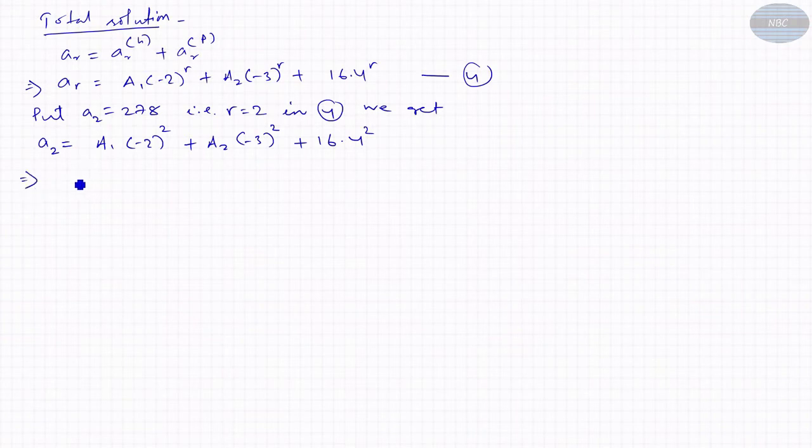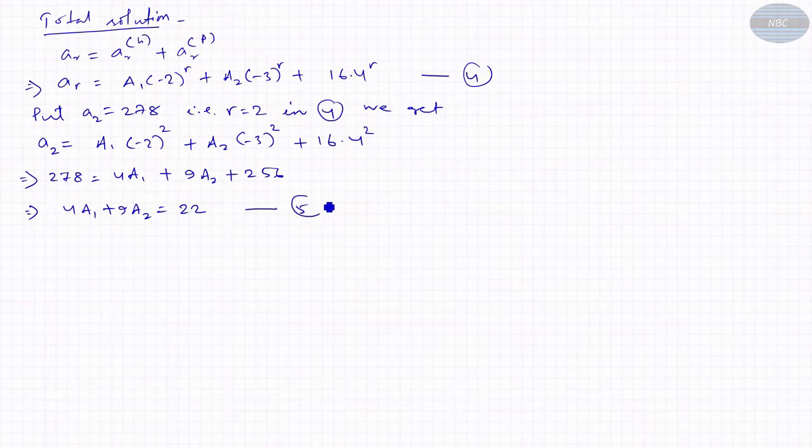This implies we have A2 is equal to 278, so minus 2 square is equal to 4 A1 plus this one is 9 A2 plus this one is 256, 16 into 16 is 256. Okay, so it can be written as 4A1 plus 9A2 is equal to, take this constant at one side, so we'll get 278 minus 256 is equal to 22. Okay, so let it be equation number 5.